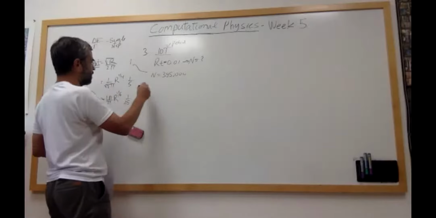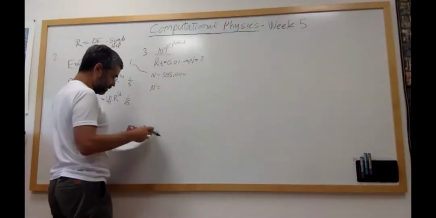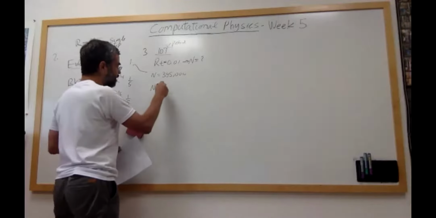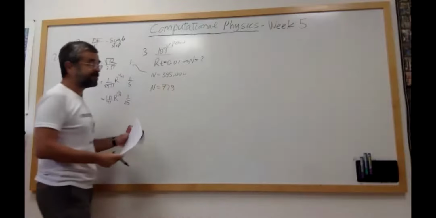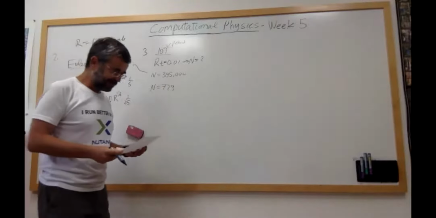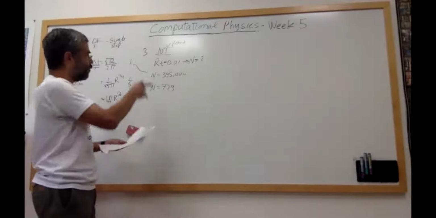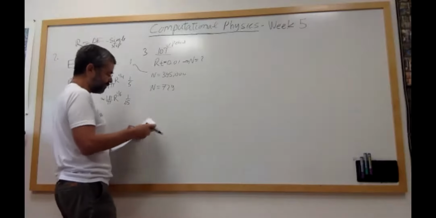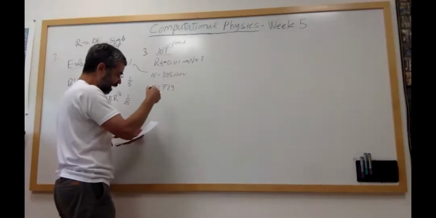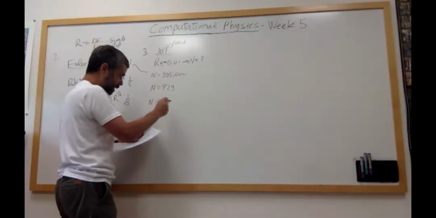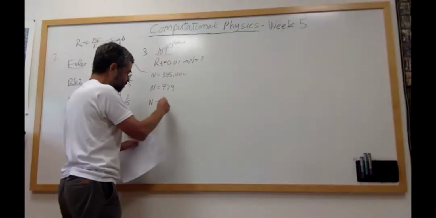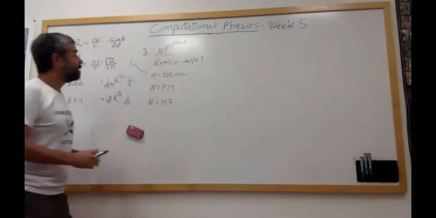With RK2, it was 729. You don't have to get the exact number, just the order of magnitude. And with RK4, n came out to be about 157.